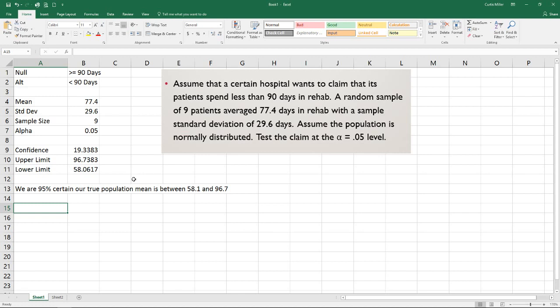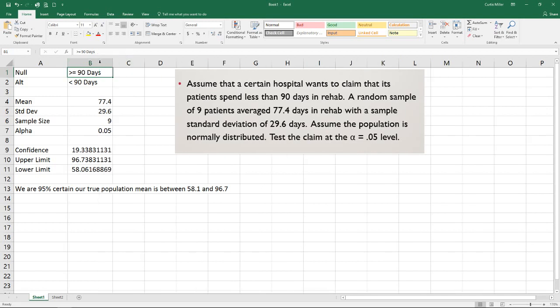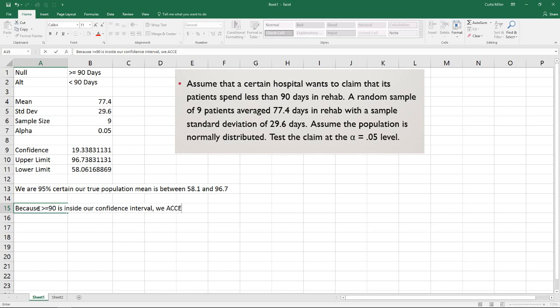Next, we'll go back and we will look at our null hypothesis and see that it says greater than or equal to 90 days. And then we compare that to our confidence interval. And we see that greater than or equal to 90 days definitely falls within this range. So because greater than or equal to 90 is inside our confidence interval, we accept our null hypothesis.